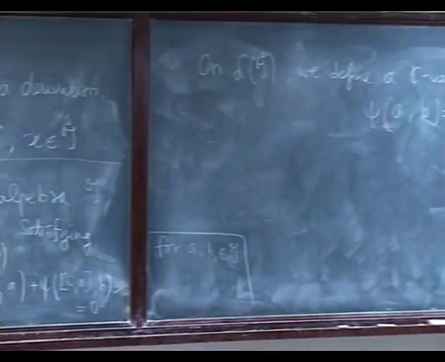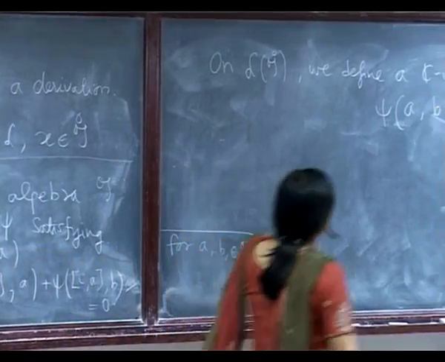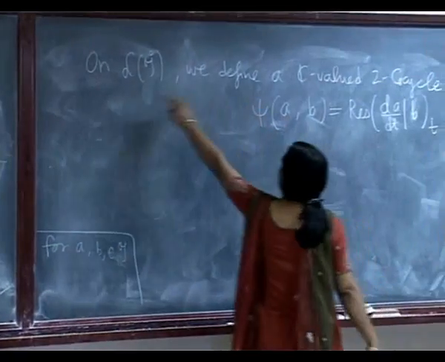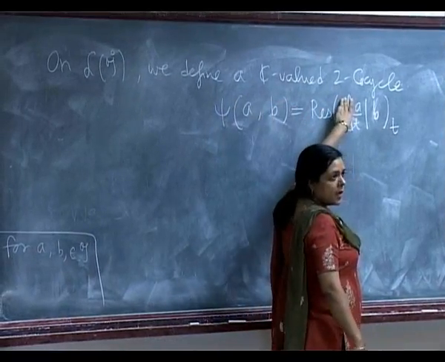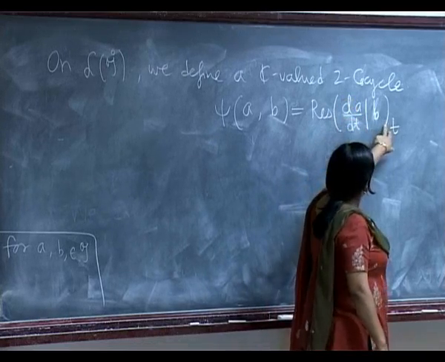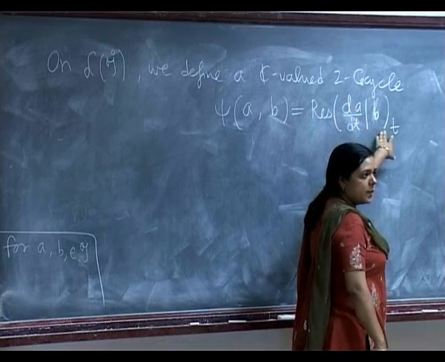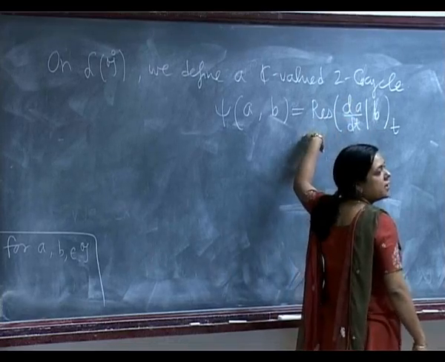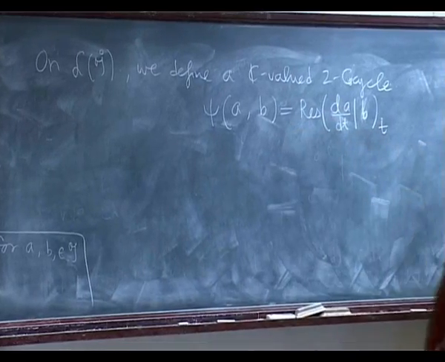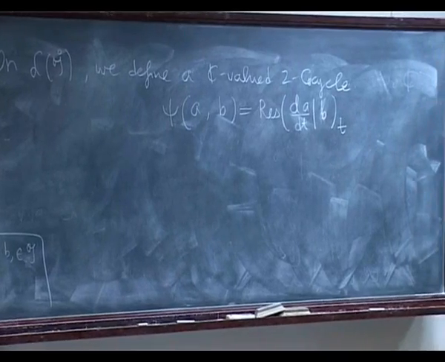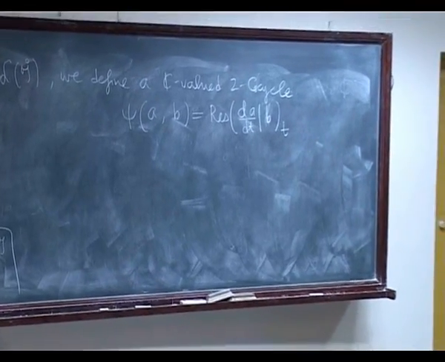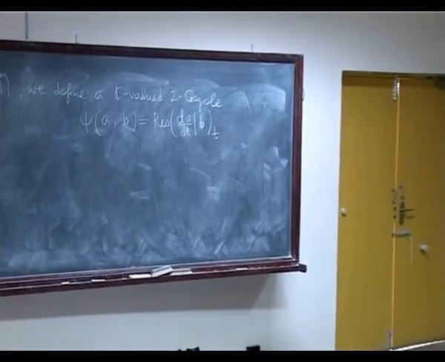So what we are considering, so this is an element from LG naught, we are taking its derivative and then we are taking its bilinear form with B, and then we are taking its residue. So we will check that this is a 2 cocycle on LG naught. This derivative will be extended to LG.